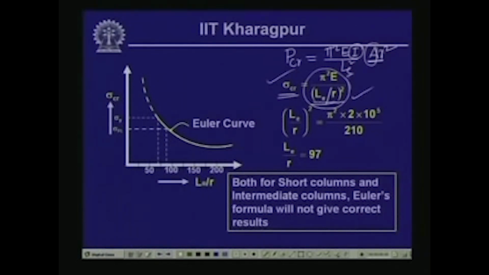Now, if L_E by r becomes very small, then the value of sigma CR will be large, and a smaller value of L_E by r indicates a lower height of the column member, and thereby refers to a short column. If the stress becomes higher and goes beyond the yield stress, the material is going to yield. So, it has really no meaning saying that the stress is much higher.